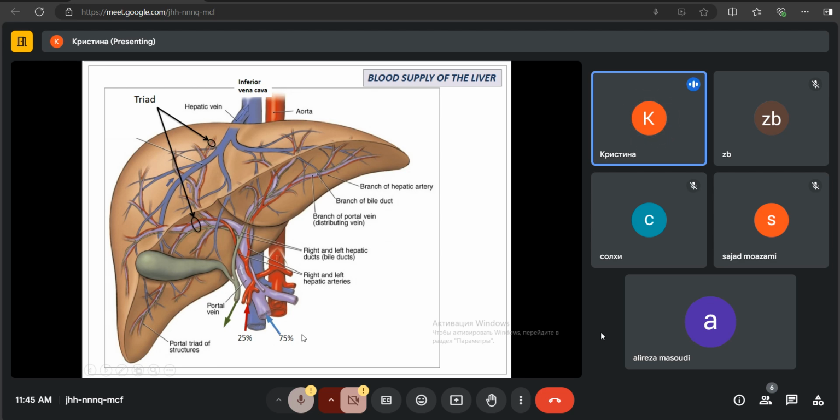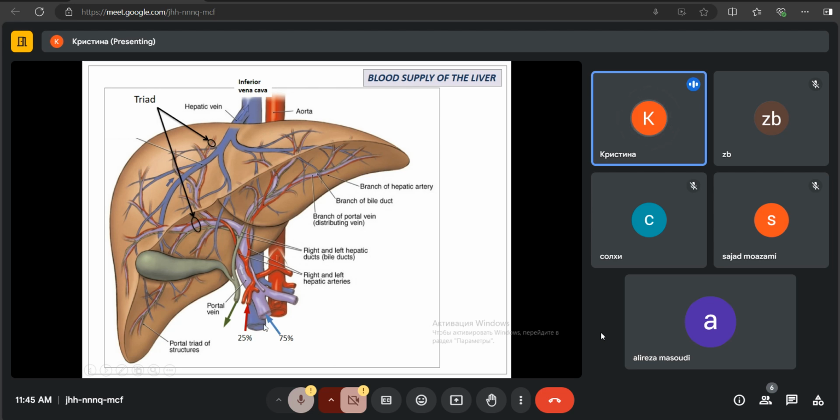And what is more interesting, that the most volume of the blood which comes into the liver is venous. It comes through the portal vein. About 75% of incoming blood is the venous through the portal vein, and only 25% of incoming blood comes through the hepatic artery.